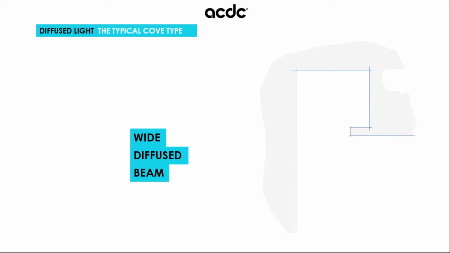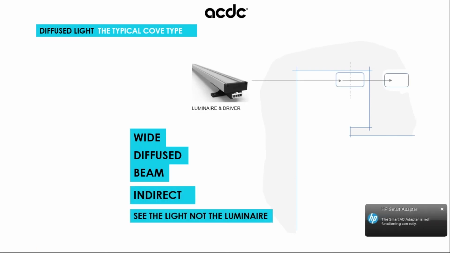That linear luminaire has a diffuser on the front, it has a wide beam, and it's providing a wash of light onto that vertical. On this occasion, you've got a remote driver, so think about where that remote driver is going to go. We need to now start to think about the detail. The point really is that you should be able to see the lit effect, you're not going to see the luminaire.